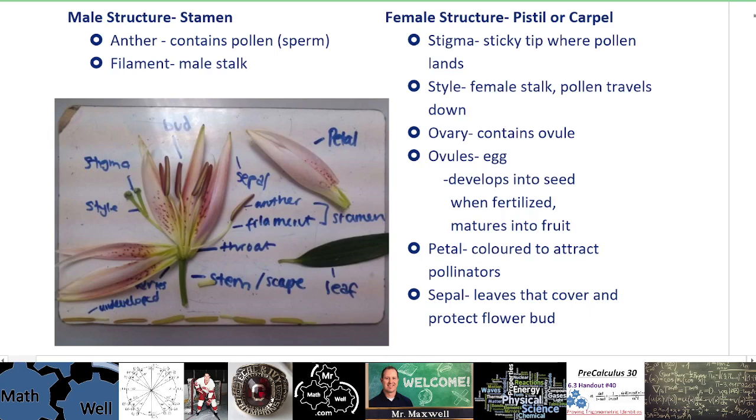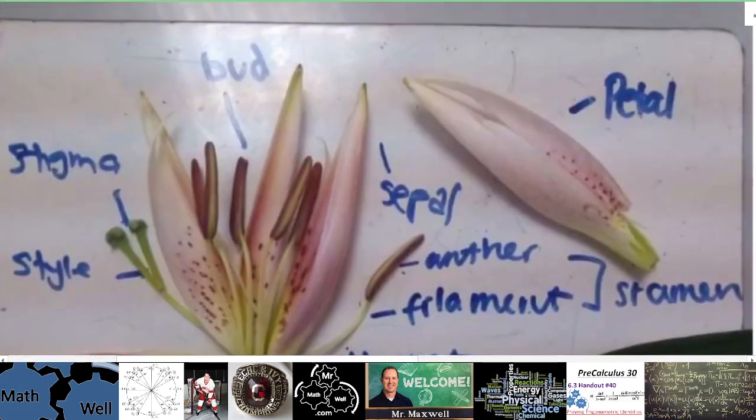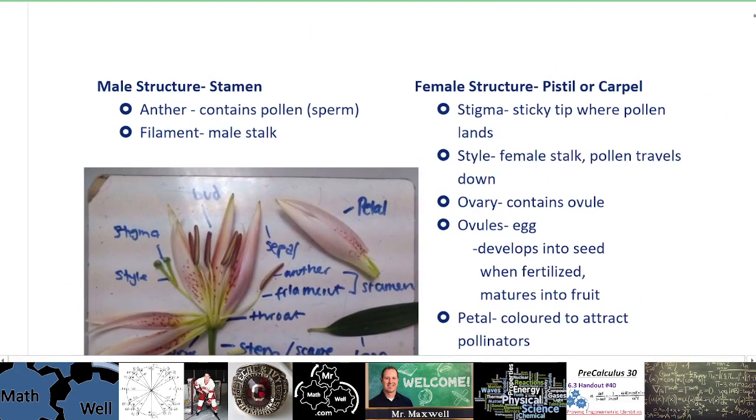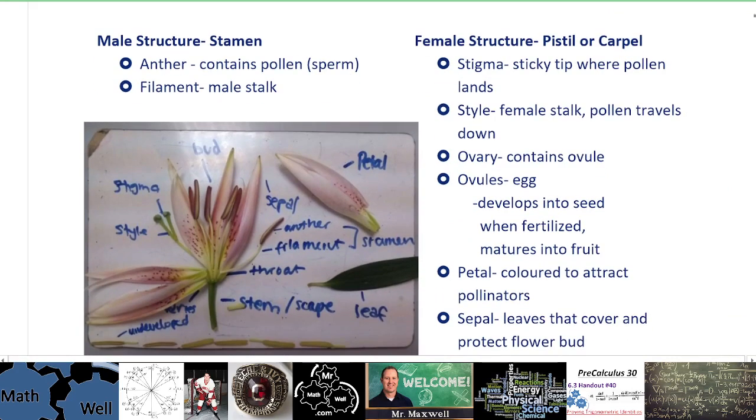It's a little bit easier to see in the diagram in the textbook here than this actual one, but these are different right here. Let me zoom in just a bit. So the stigma here, female part, the anther here is the male part, okay? So they're looking a little bit different. The stigma has a sticky tip where pollen lands, okay? So the pollen is the male sperm, really. The pollen is the sperm.